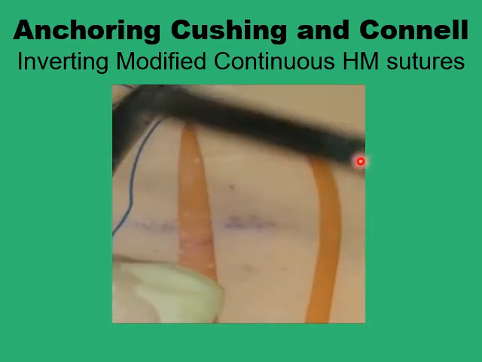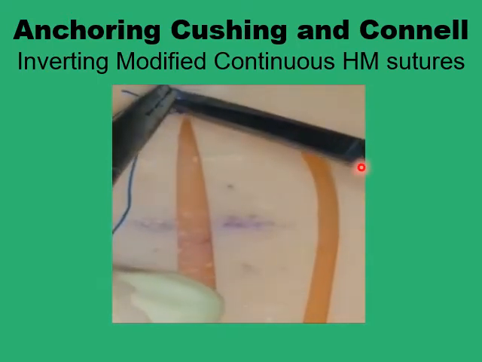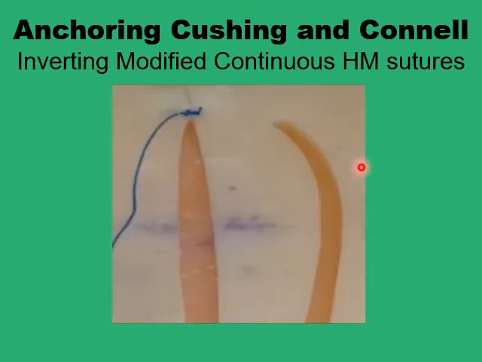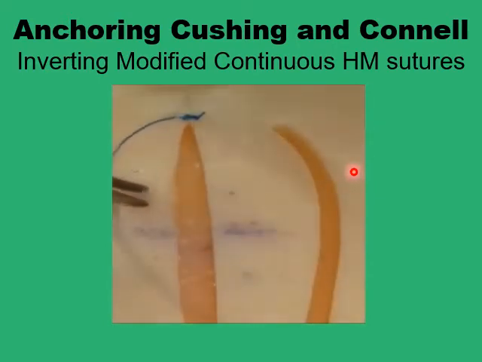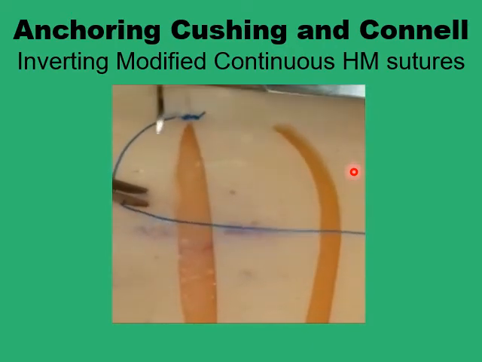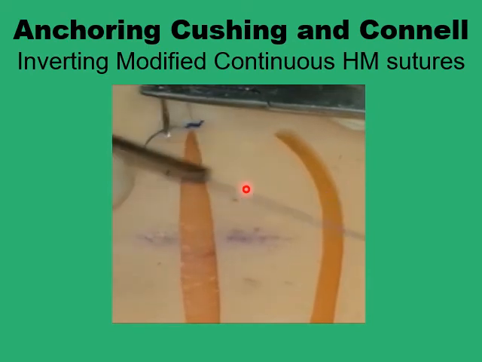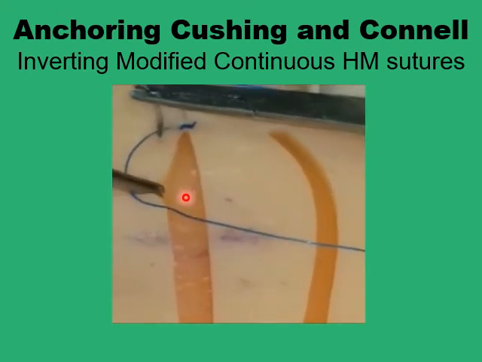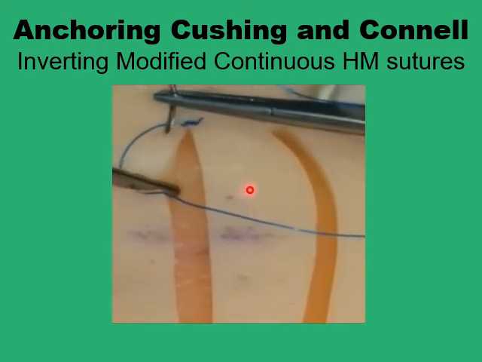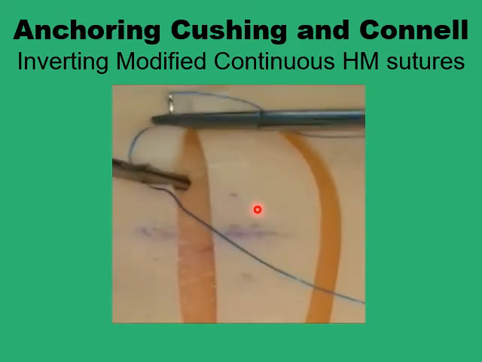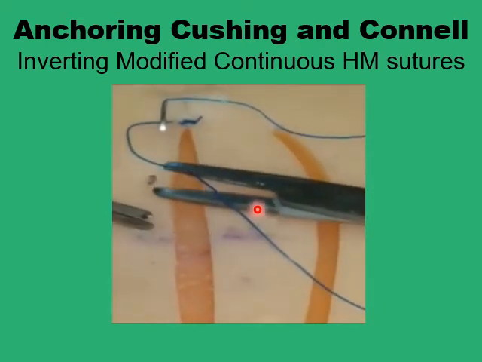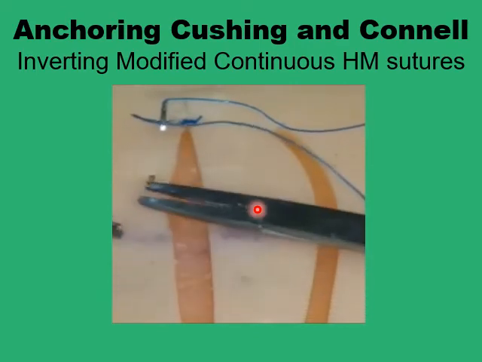Again, you trim the shorter of the two strands, and you just go on repeating that unit, the horizontal mattress sutures, by having the bites through the tissue parallel to the wound edge, and the sutures on the surface going across the wound edge, perpendicular to the wound edge.